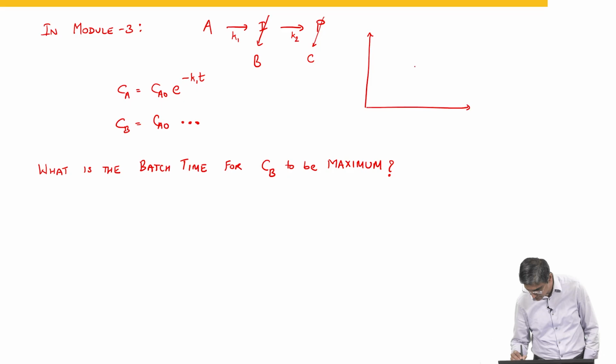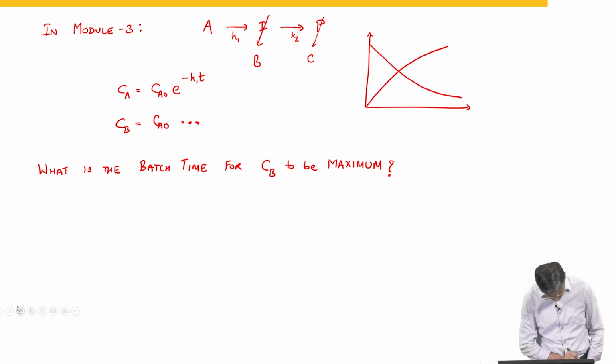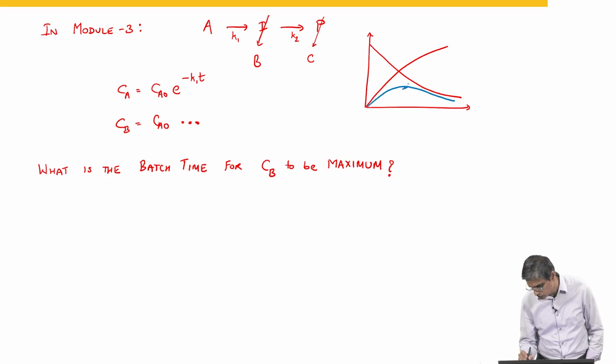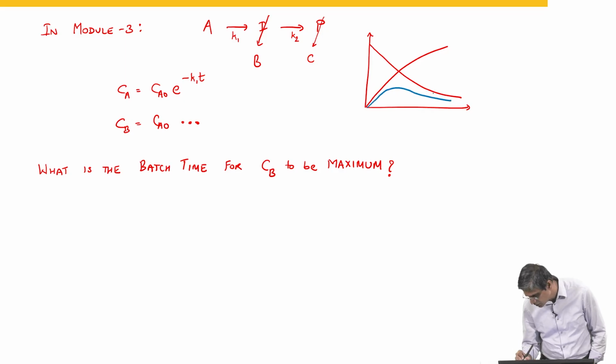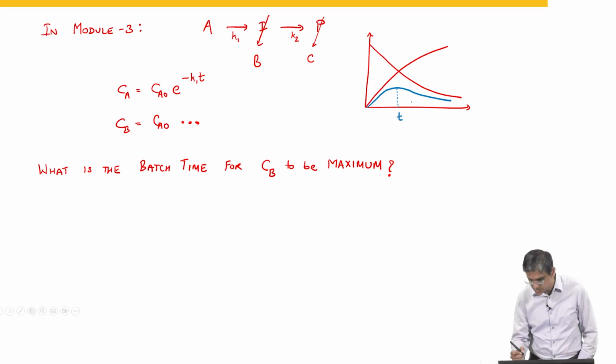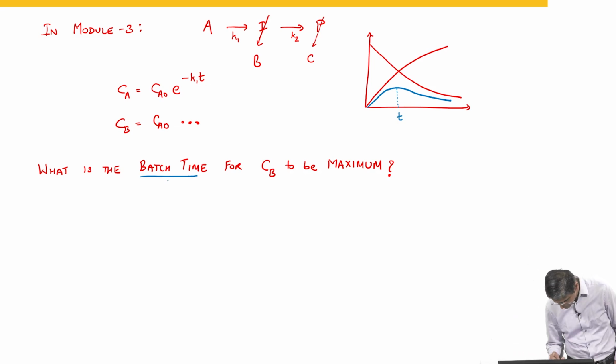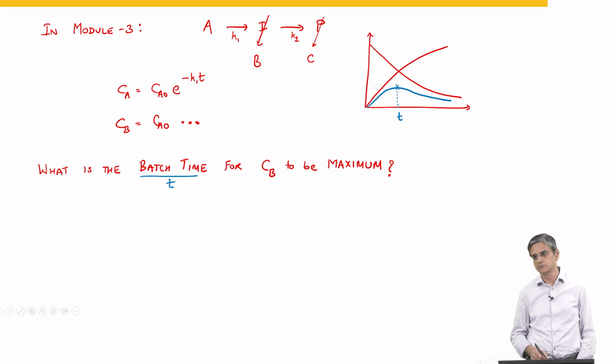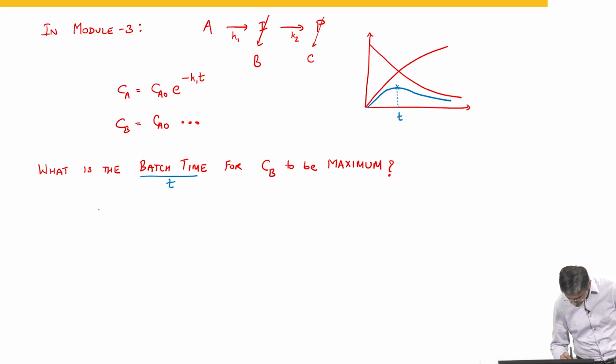Ca falls like this, Cc goes up like this, and Cb will go like this. So, it could go like this or it could go like this, whichever way. Okay. What we want to find out is the time t at which Cb is the maximum. Okay. Remember what we did?